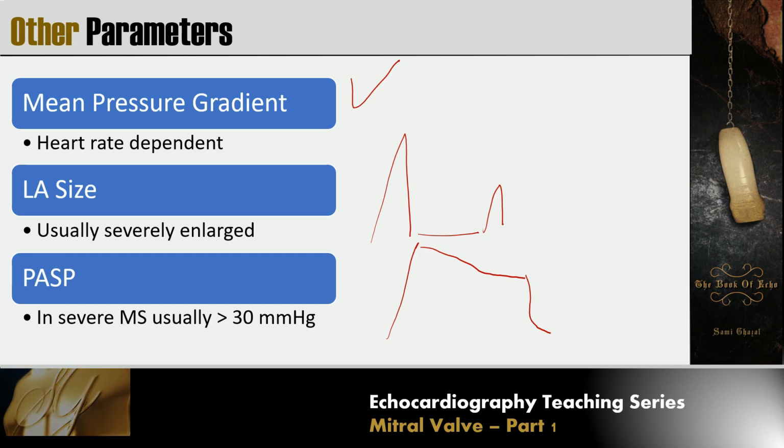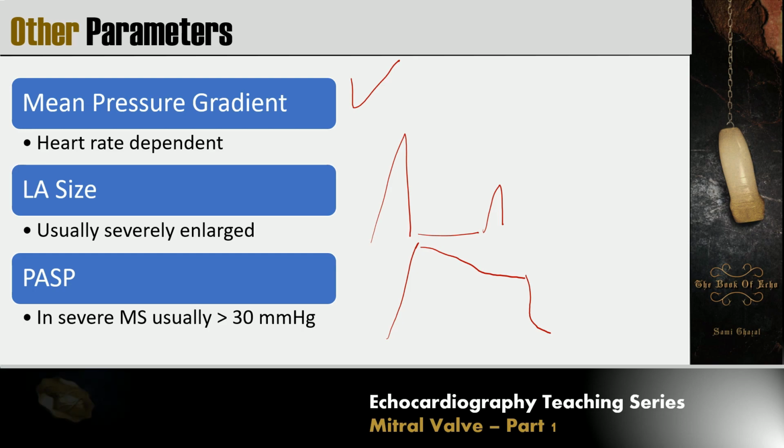So again, the gradient will not represent the mitral stenosis alone, but it will also represent mitral regurgitation. In atrial fibrillation, again, we will have beat-to-beat variation, so usually we have to average 5 to 8 consecutive beats. A mean gradient of less than 5 is unlikely to be found in severe mitral stenosis.